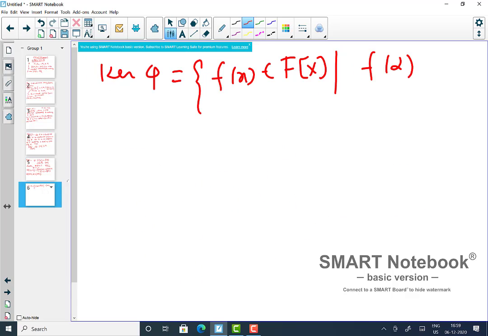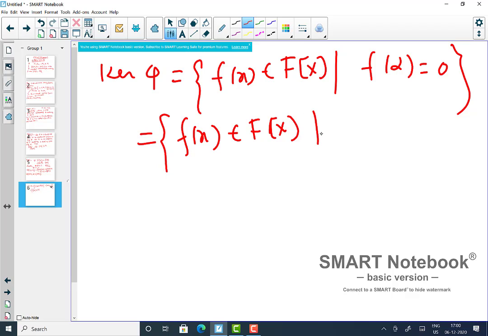So what does f(alpha) equal to 0 mean? This means that alpha is a root of this polynomial. So the kernel is all f(x) such that alpha is a root of f(x), right?